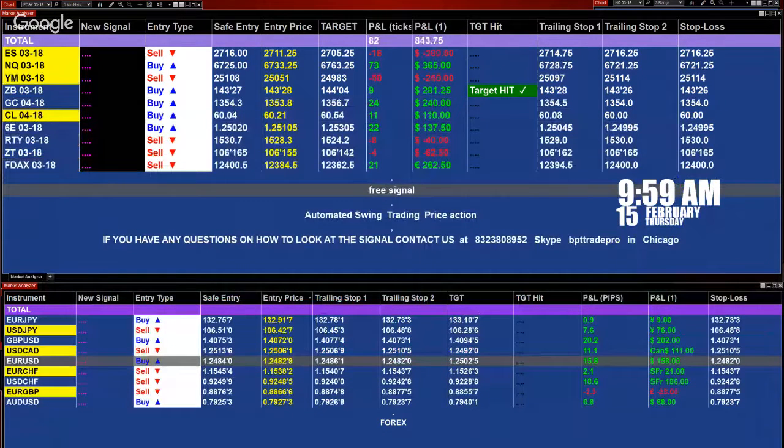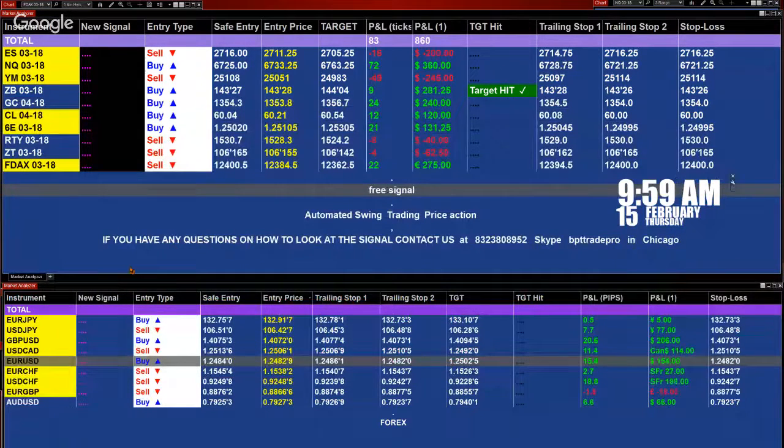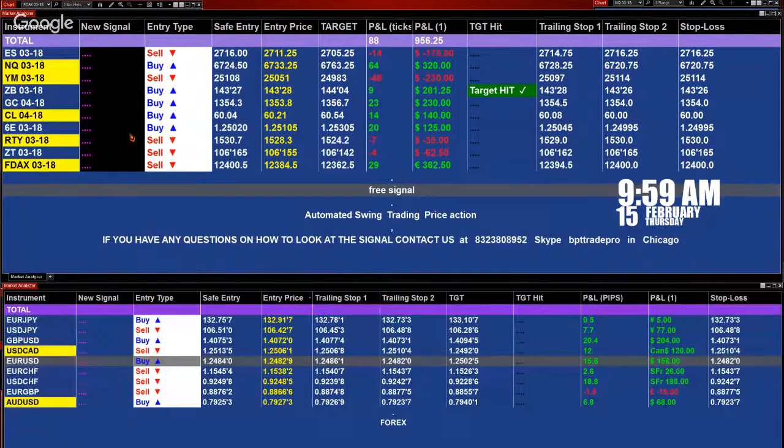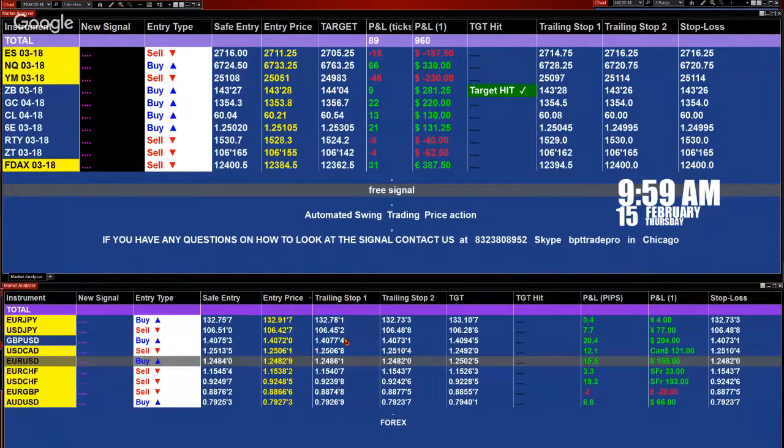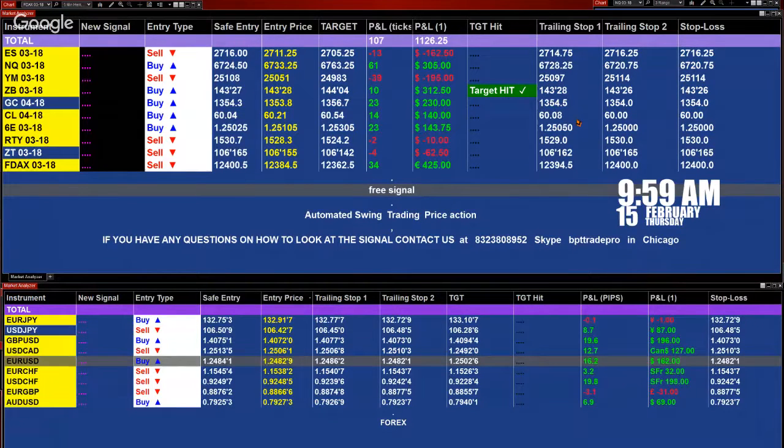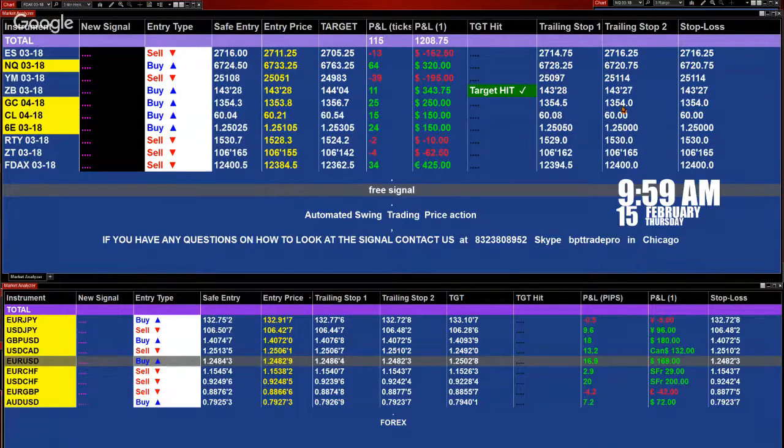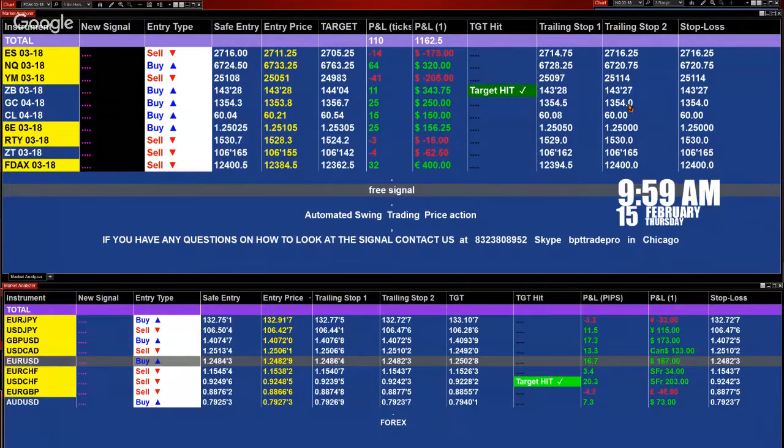In the meantime, you can follow the futures trading, or you can follow the Forex, and then you will have the signal, target hit, entry price, re-entry price, the trailing stop with the fibs, and the trailing stop 2, which is a major fib line, and then your stop loss.